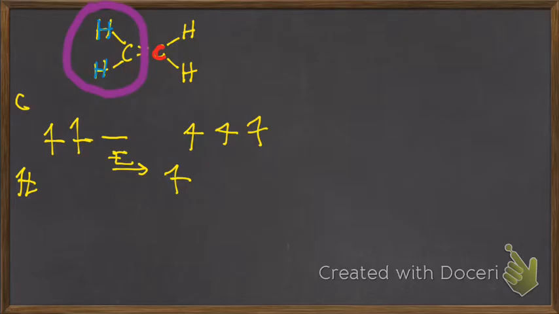However, we know that this is still not right, because otherwise we're going to have one bond that's really short and strong, and then 3 bonds that would be weaker because they're longer and higher in energy. So what did we do in the example with methane, whenever you have 4 things off? How do we make 4 equal bonds? We hybridized, we mixed it.